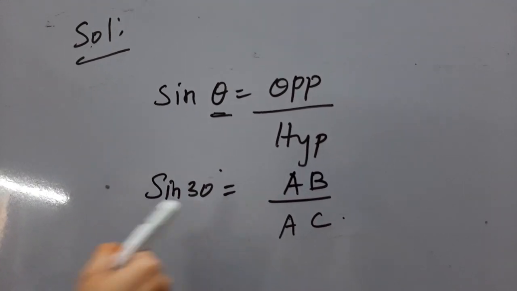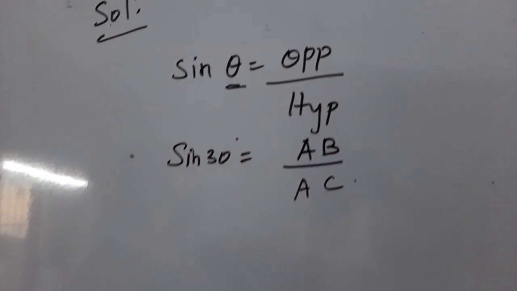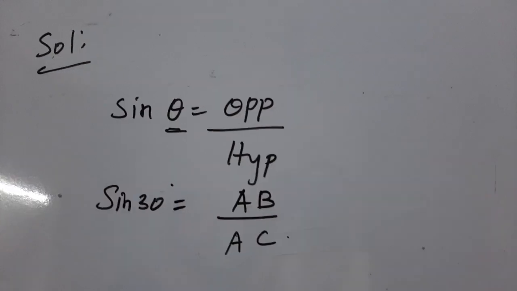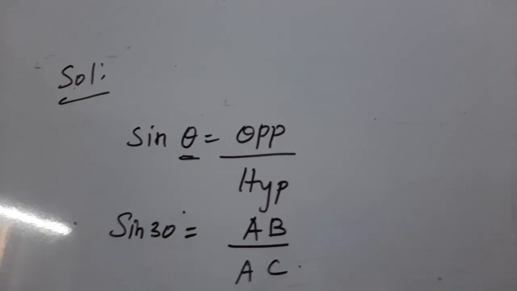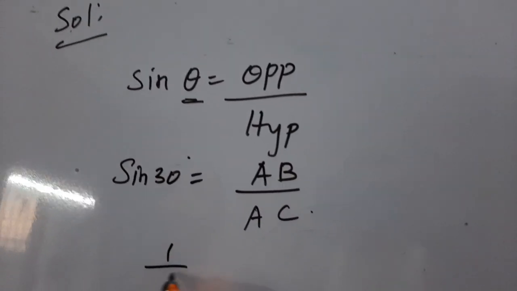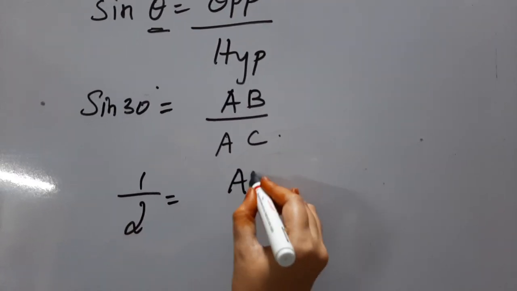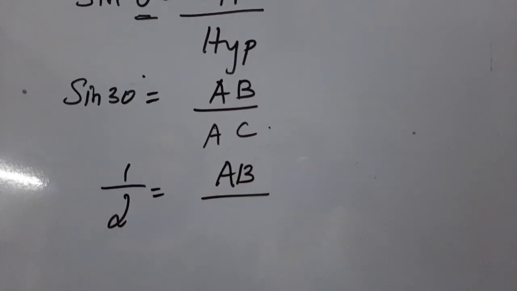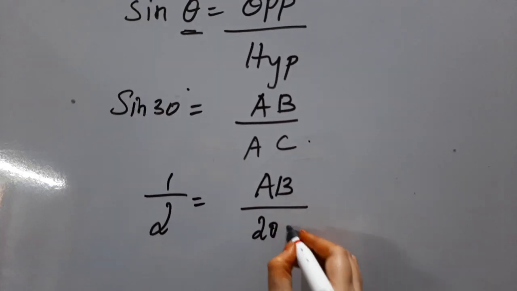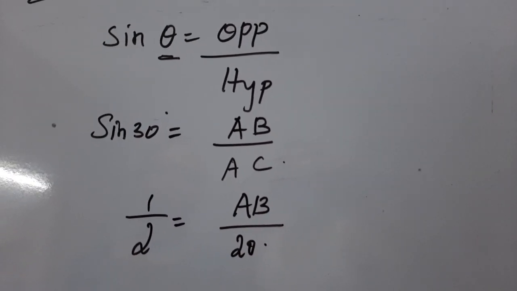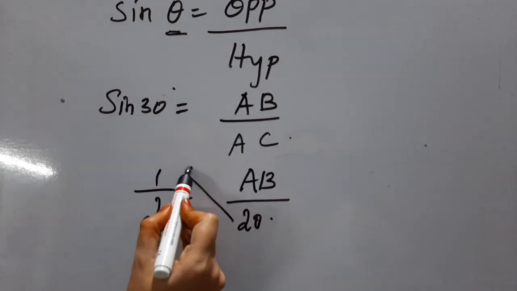Now what is the value for sin 30? Check your table and tell me, sin 30 is 1 by 2. What is AB? That is what we want to find out. And what is AC? The length of the rope, which is equal to 20. Now I want to get the value of AB. Transpose 20 to the other hand side.